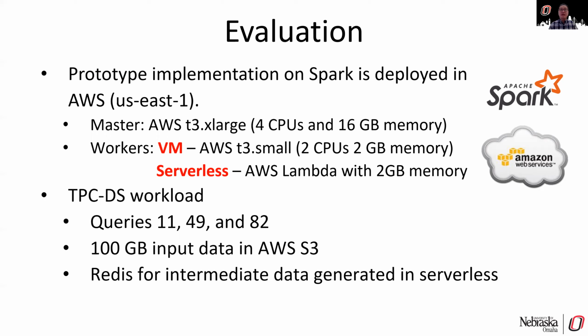As you can see, virtual machines and serverless both have dual cores and 2 GB each. For the workload, we use TPC-DS, and we use 3 cores in this work. For the input data, we generated 100 GB of TPC-DS raw input and stored it in S3 in the US East region. To allow the serverless instances to communicate with each other, we used Redis.